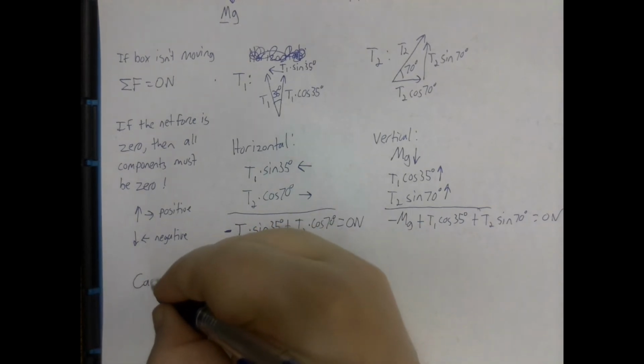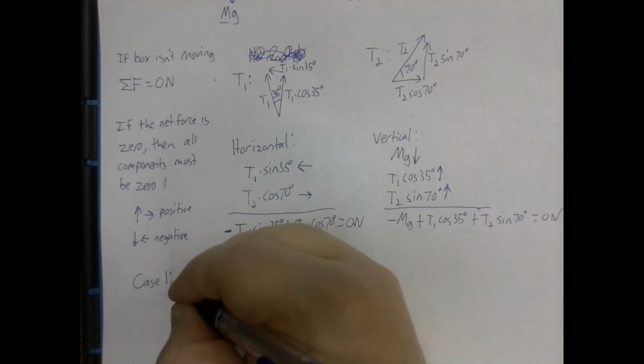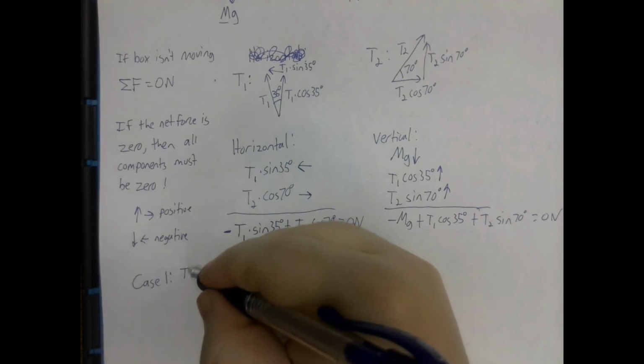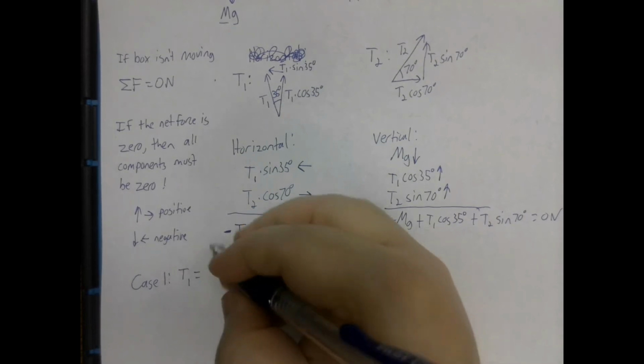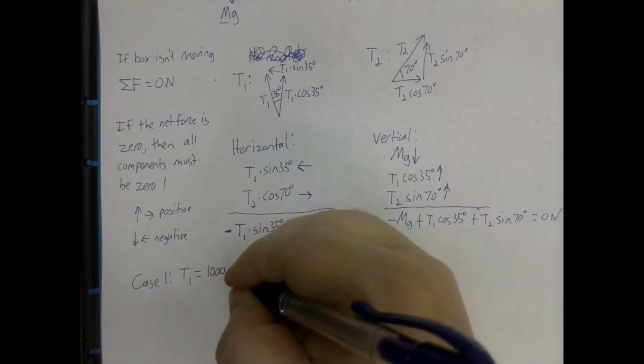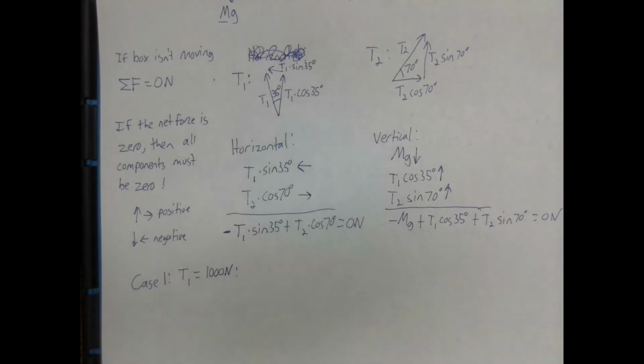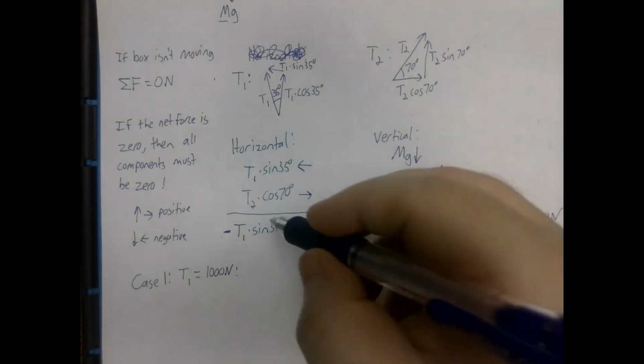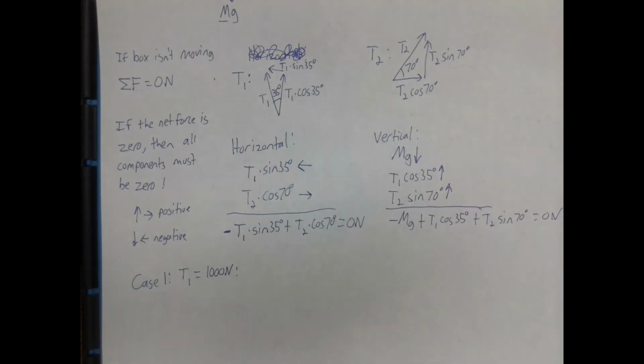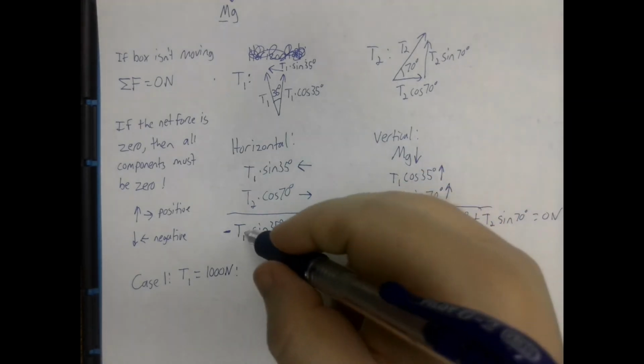Case 1, T1 equals 1,000 newtons. So let me go ahead and solve for T2.